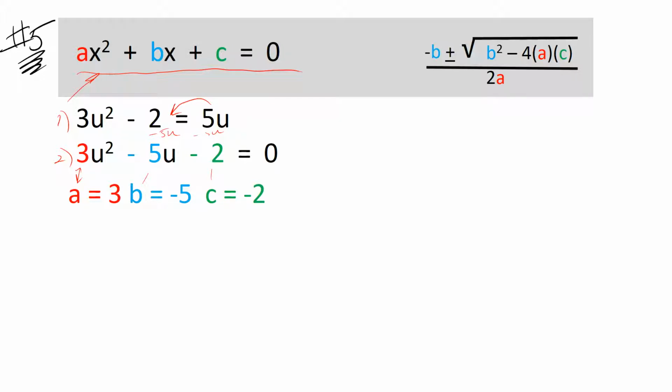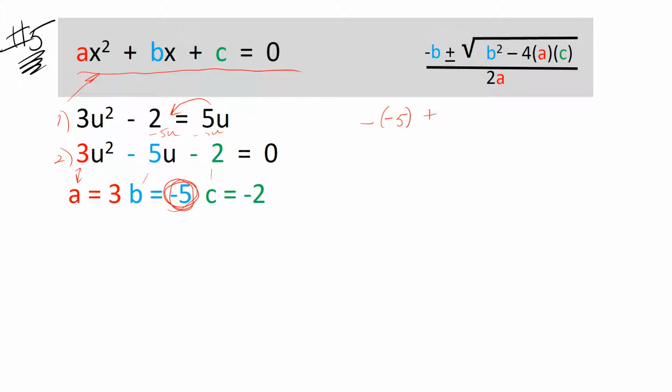So we're going to just substitute values into the formula itself. The formula says we start with negative b, and you have to really be careful here because b is a negative number, right? It's already negative, so this negative has to stay, and negative 5 goes inside the parentheses. So you're going to need two minus signs here, one that's in the formula and the one that goes with the negative 5.